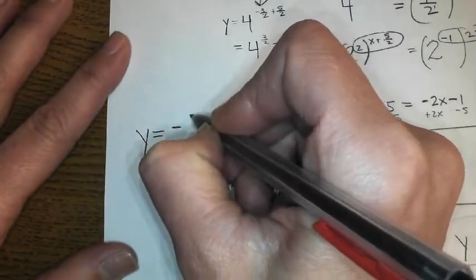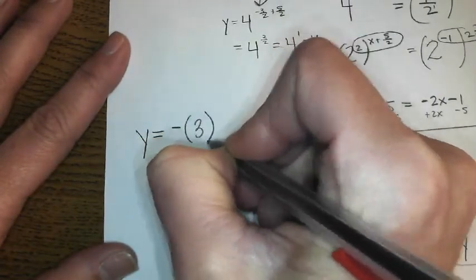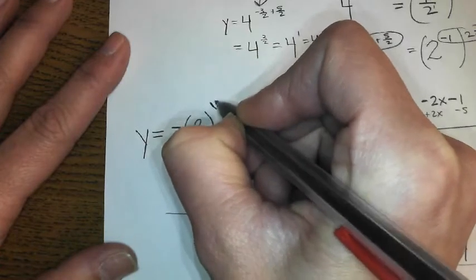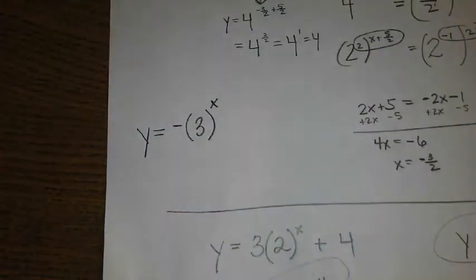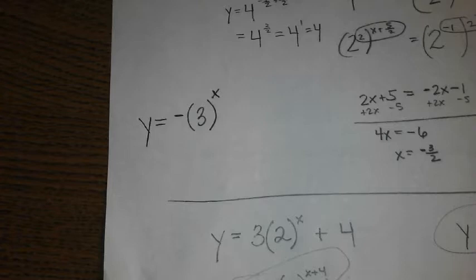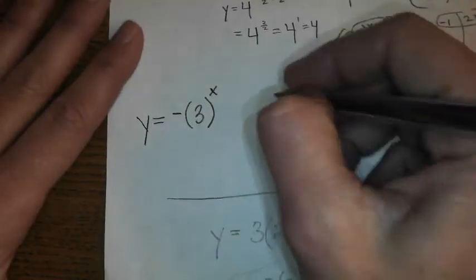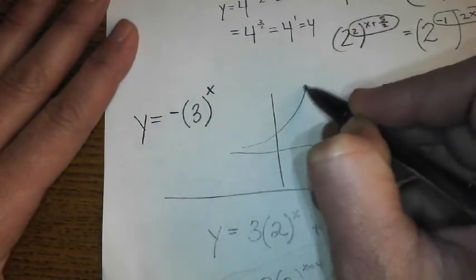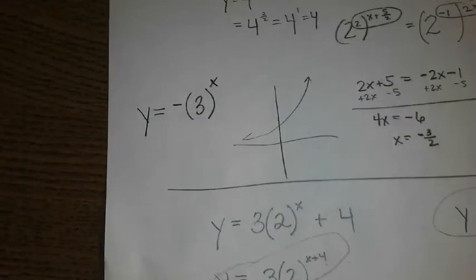What do we think of this? Yep. Yep. Yep. Flips it over the x-axis. So here's your parent graph. What's the y-intercept? Better question.